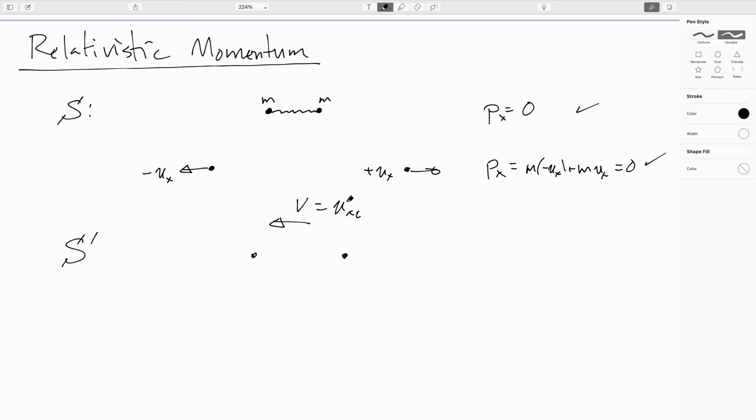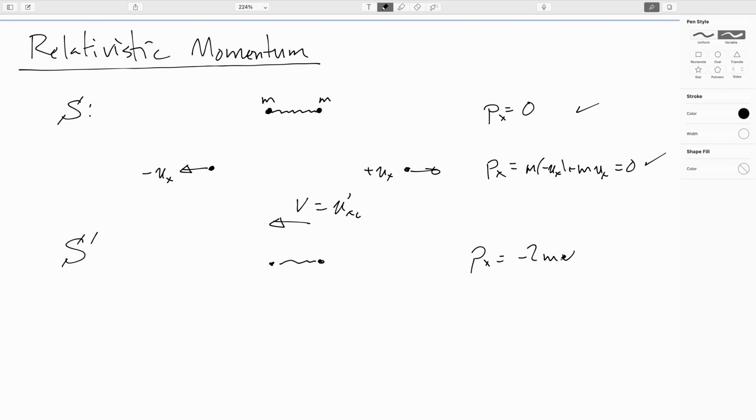There we go. So they would see, let's get the spacing better, ux prime. Draw my two masses again. There we go. So now they would say the momentum is equal to minus 2mv.